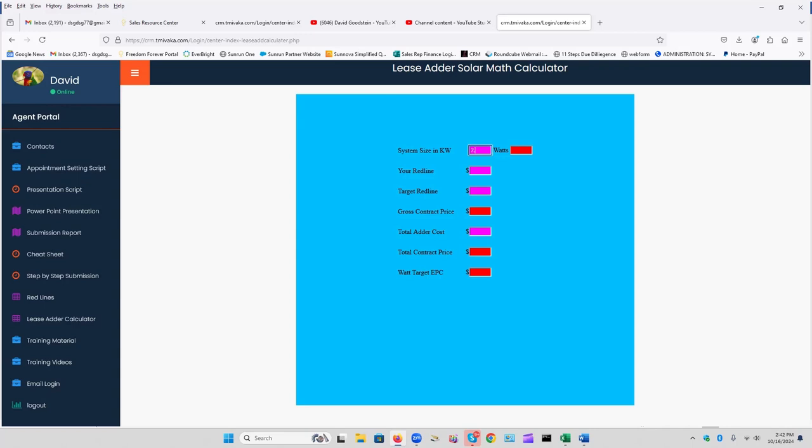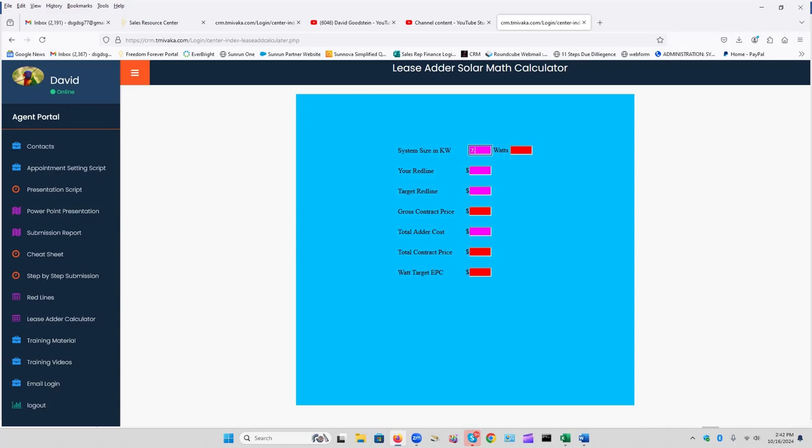And instead of 3.20, we're going to go down to 3.0. And our adder cost was $2,500. And that gets us down to 3 cents, which is where we needed to be to get to the 17 cents under their limit.